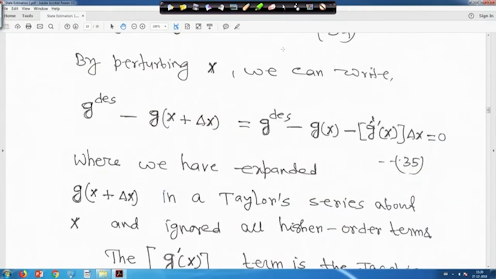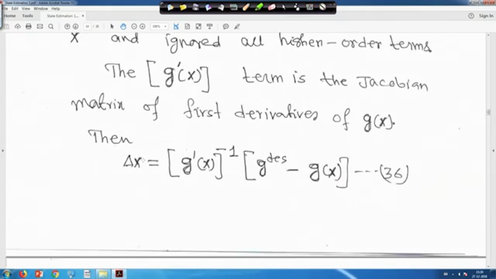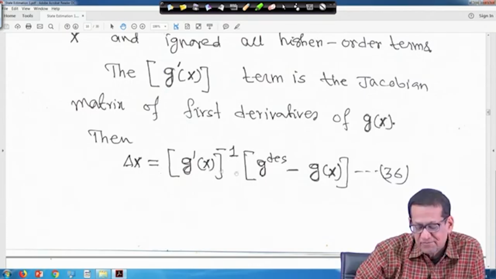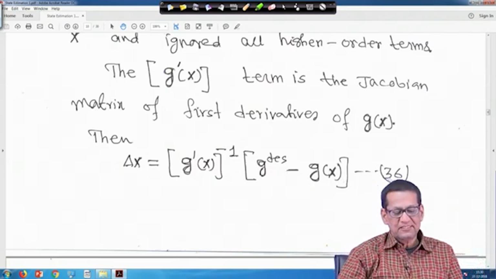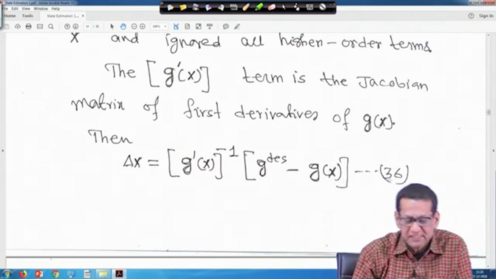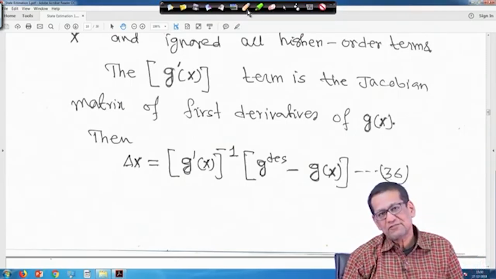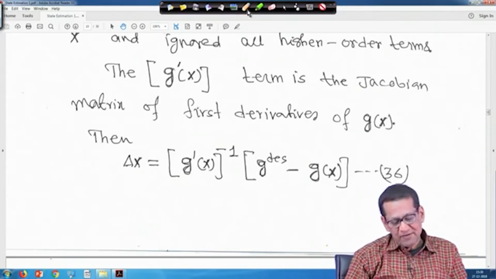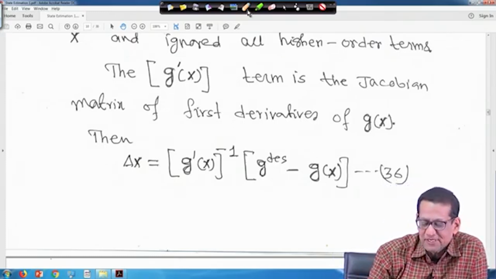Therefore, delta x can be written as g dash(x) inverse into g desired minus g(x). This is equation 36. That means you start with some initial values, and every time you have to force g(x) to become g desired.